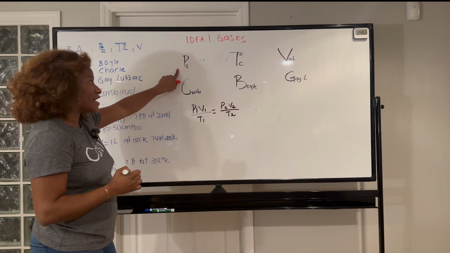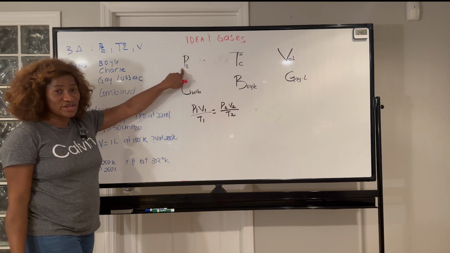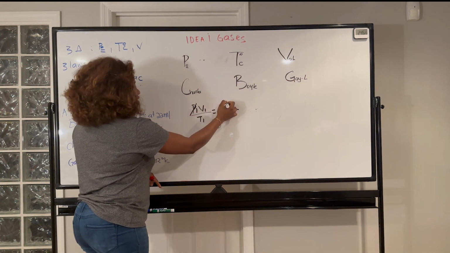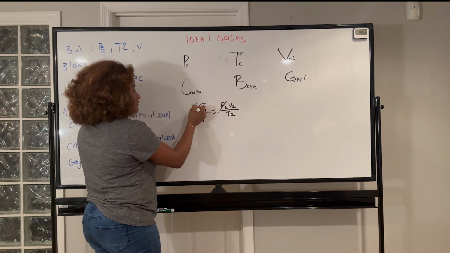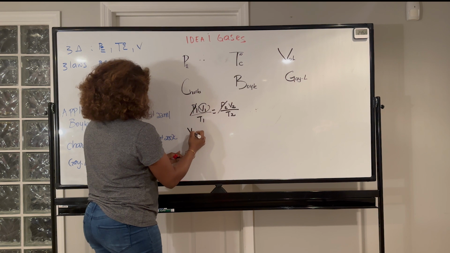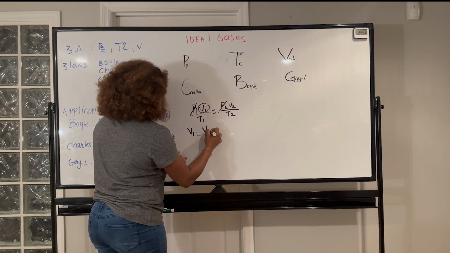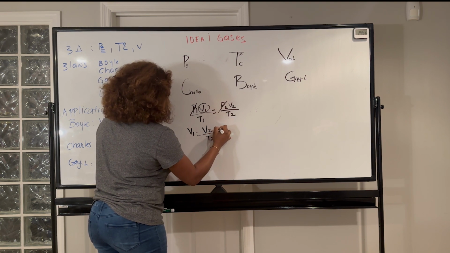Now, let's do the application of Charles' law. Knowing that the pressure is constant, it's not going to change, I'm just going to cross out my pressure. And if I want to know what V1 is, V1 equals V2 over T2 times T1.